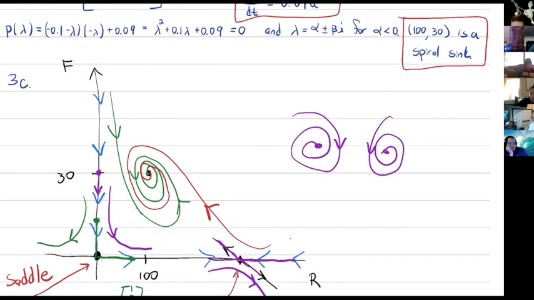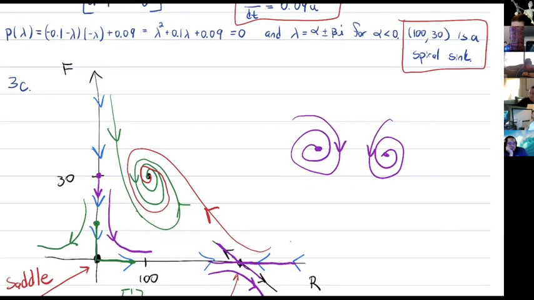And the way that you can do that is to just pick a point close by and use the differential equations to determine whether dR/dt is positive or negative, or dF/dt is positive or negative.